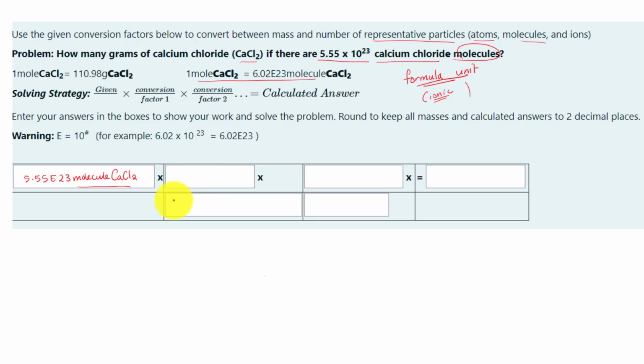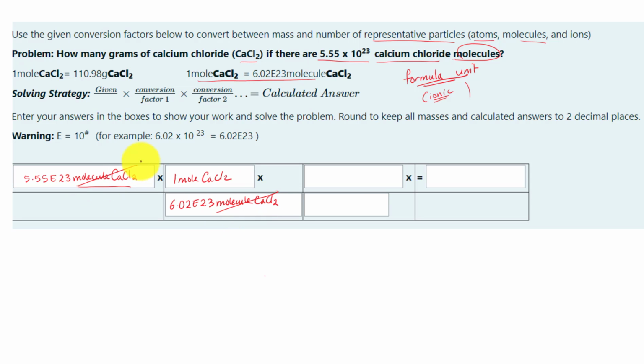So you can see 6.02 e to the 23rd molecules of CaCl2. If this part is on the bottom, the other part must be on top: 1 mole of CaCl2. There you go. See how molecules cancel out?